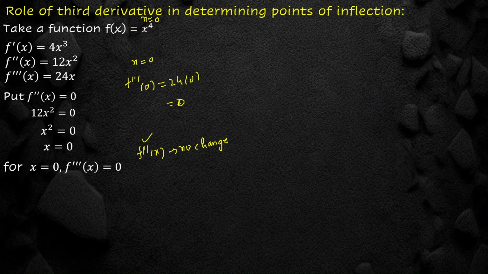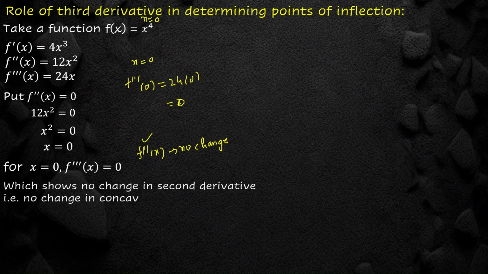And as the change in the second derivative is 0, it means that there is no change in concavity. Therefore x is equal to 0 is not a point of inflection. So we have used the third derivative to determine whether a point is a point of inflection or not.